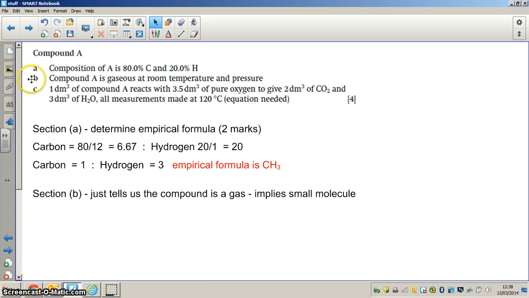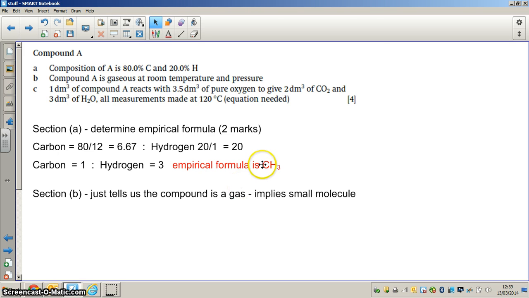If we now look at section B of this compound, we have a statement about it, and it says it is gaseous at room temperature and pressure. Well, this tends to suggest that the molecular formula derived from this empirical formula is not going to be overly large.